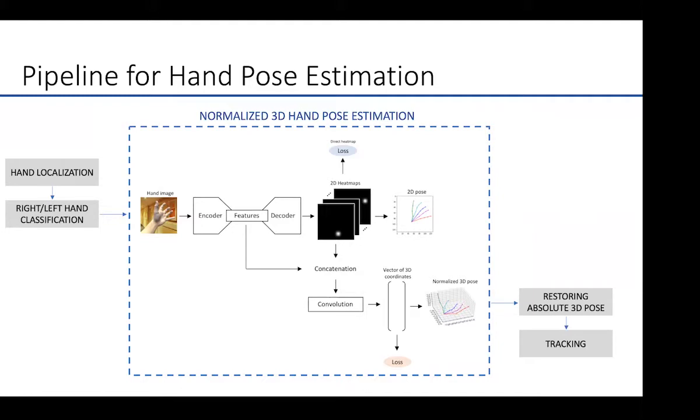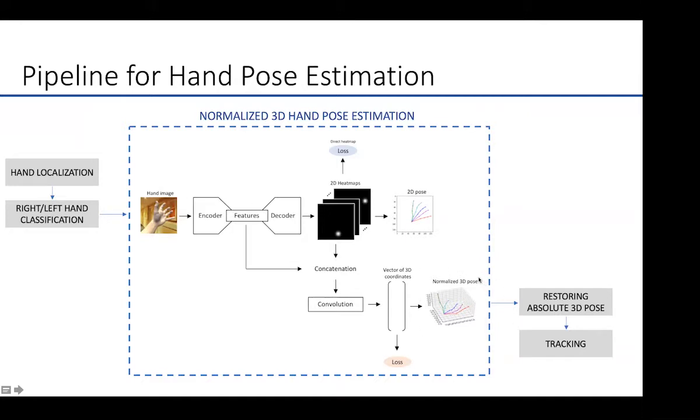If it is a right hand, you just mirror it to look like a left hand and put it into your hand pose estimator, which gives you a 2D pose on the image and a normalized 3D pose.